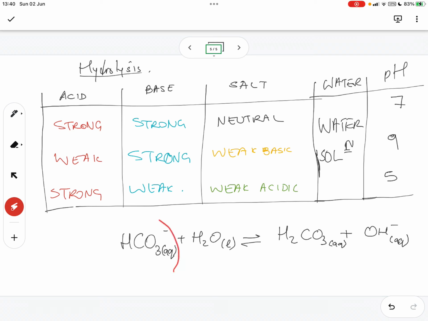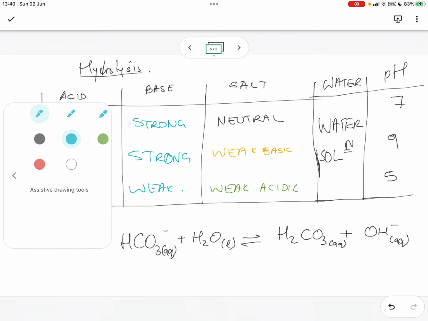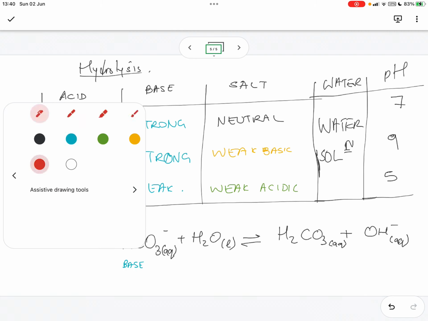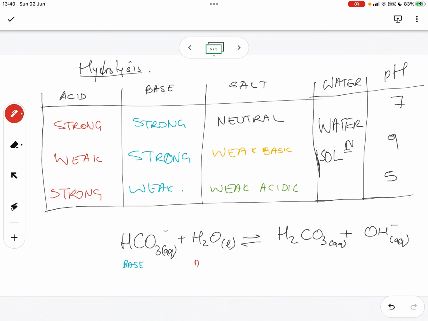When it donates a proton, it becomes hydroxyl ion because the bicarbonate ion is a base. Ne? So this is a base. Or let me write that in blue. This one becomes a base, and this one becomes the acid, ne? Because it is an ampholite. Ne? Yeah, the H2O is an ampholite.